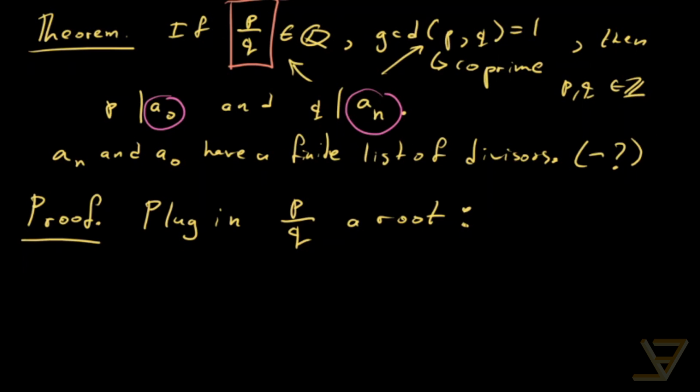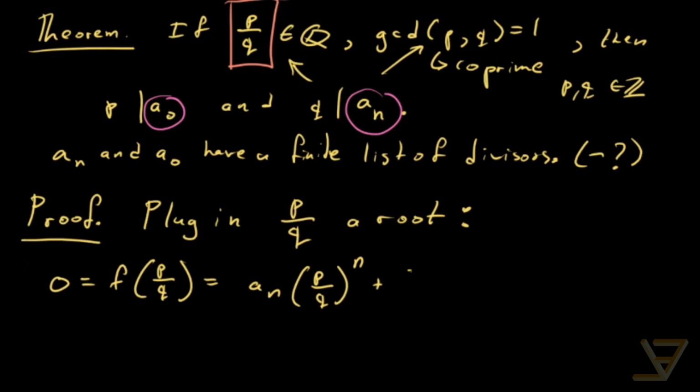What we get when we plug it in is that 0 equals f of p over q, and that equals a_n (p over q) to the power of n plus a_{n-1} (p over q) to the power of n minus 1, and we keep going until we get a_1 times p over q plus a_0.